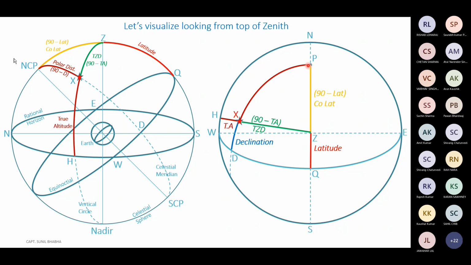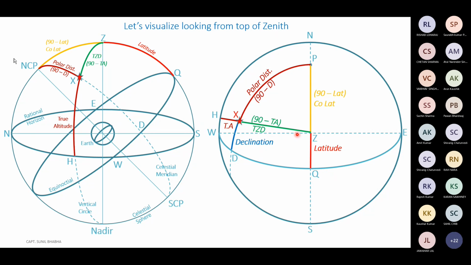The arc highlighted in maroon color is 90 minus declination, and it is the polar distance of the body. You can correlate it to the celestial sphere diagram also. D to X was the declination, X to P is the polar distance, which is 90 minus declination. So you can see now all three sides of the PZX triangle shown in the rational horizon plane.